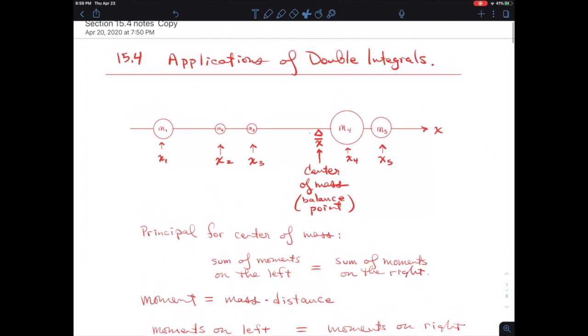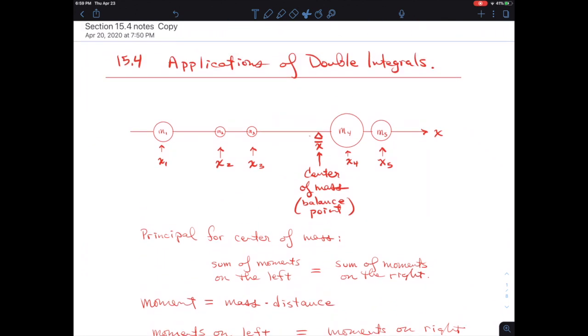Now we can measure distances for each of these points. So the first point that I just highlighted, M3, that mass has a moment which is x bar minus x3.